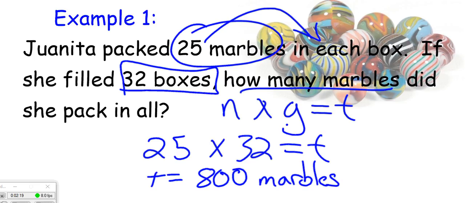Does that make sense? Let's think about this. What can we round? This is about 30. 30 times 25, or even just 30 times 30 is 900. We rounded both of them up. It makes sense. And so we can use that as our first example.